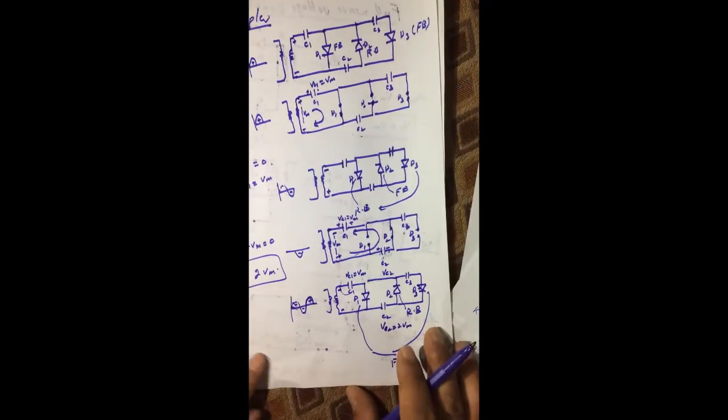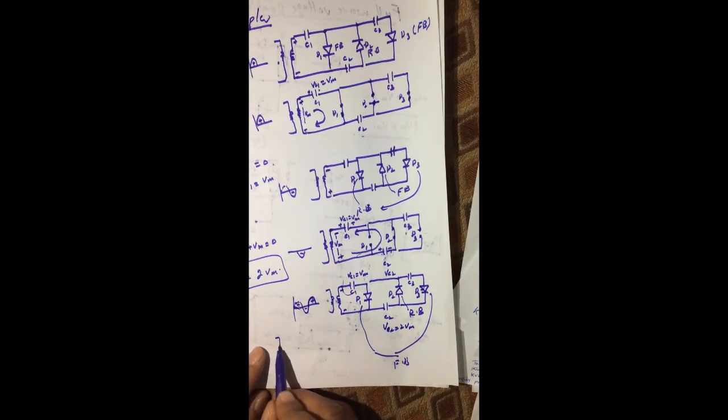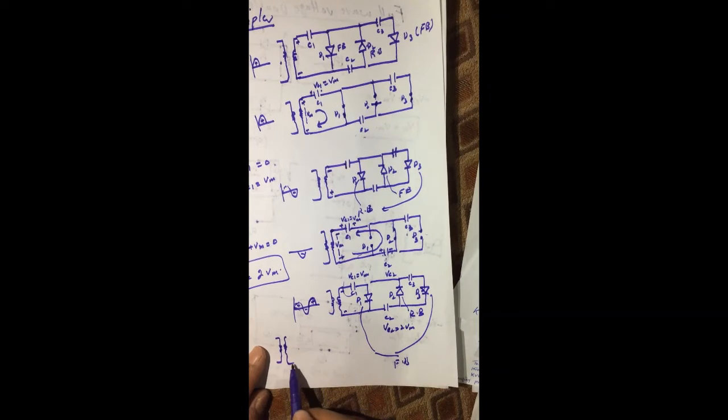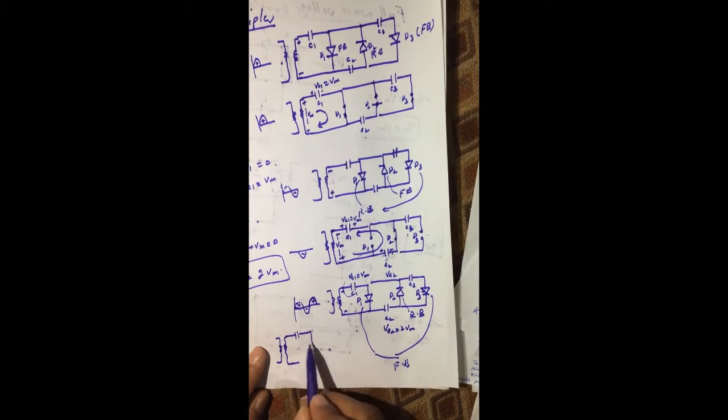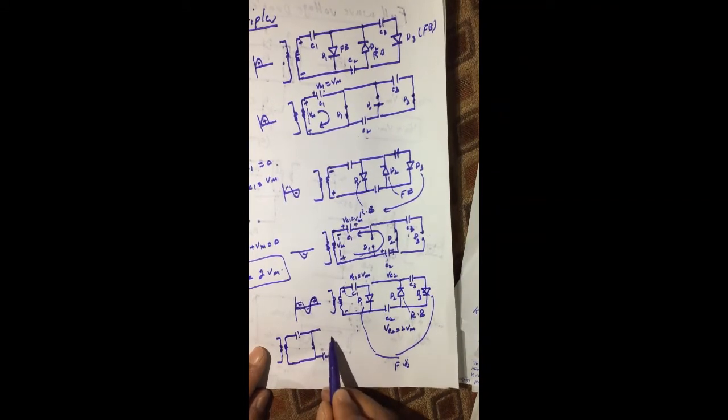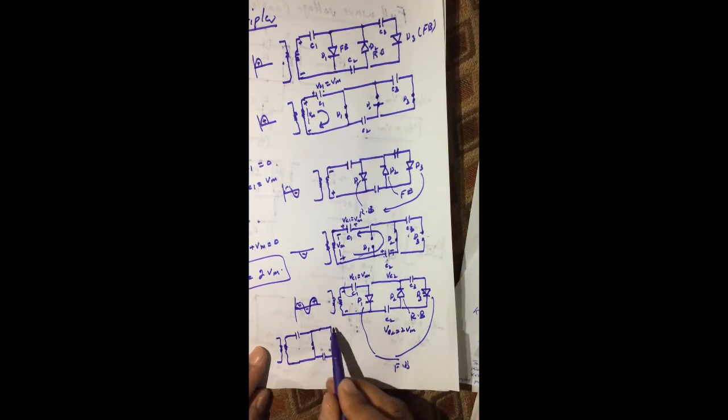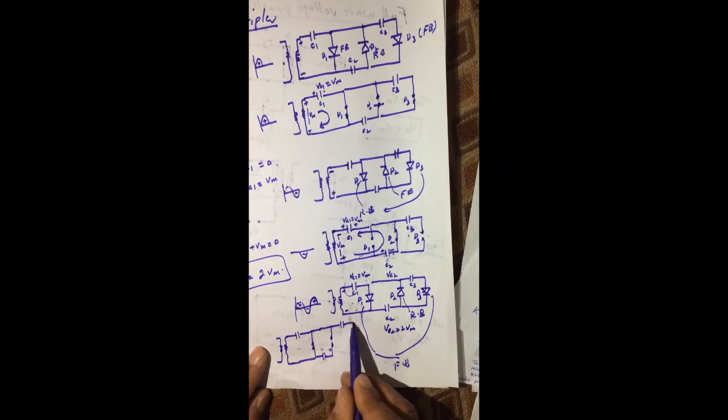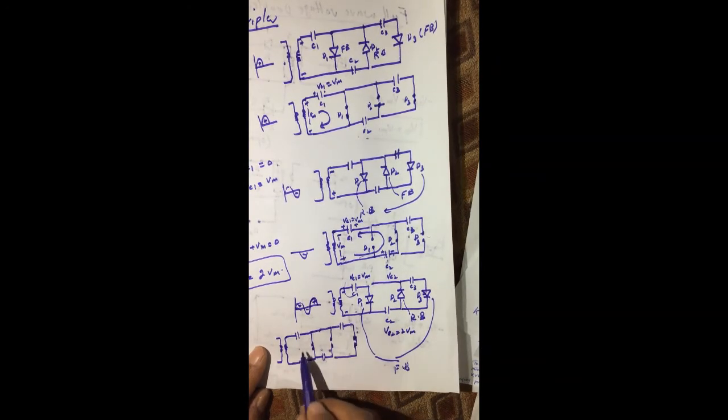Now we have the circuit diagram here, which I plotted again. We have capacitor C1, we have diode D1, which is short circuited, we have capacitor C2, and we have diode D2, which is open circuited, and we have capacitor C3, and we have diode D3, which is short circuited.